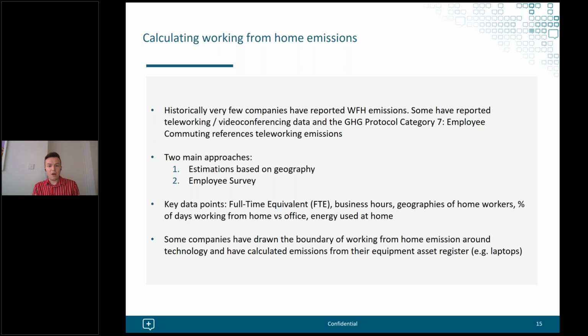And so the idea would be that the asset register of the company would then take account for the emissions associated with the machines that you're using within home environments. So there's a couple of different methodologies for how you'd go about doing that. And as I say, this is evolving because it's not something that's hugely established.